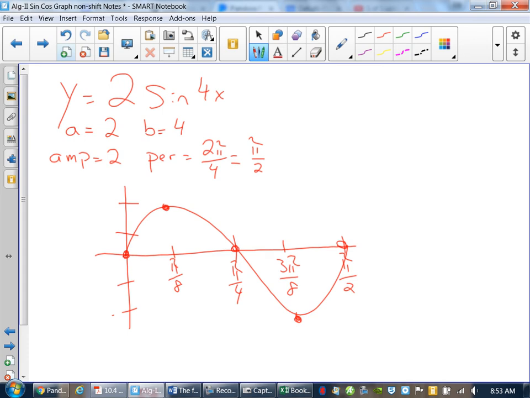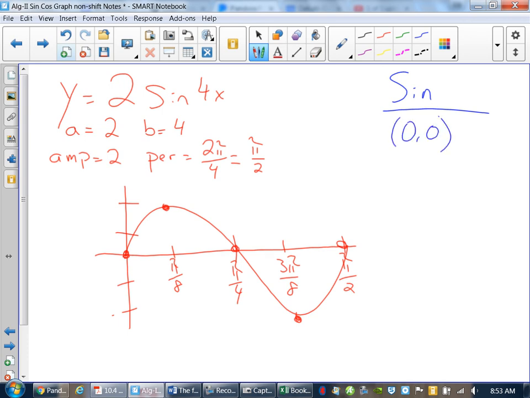Yep. Sine graphs always do this. They have the cycle for sine graphs. The sine graph will always start at 0, 0.